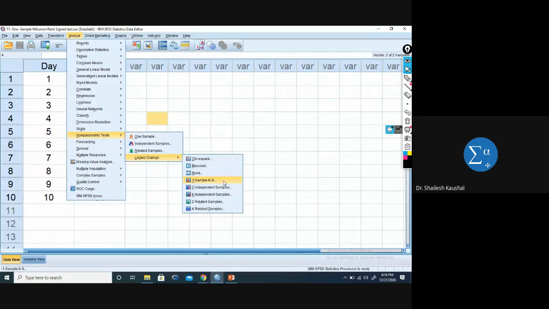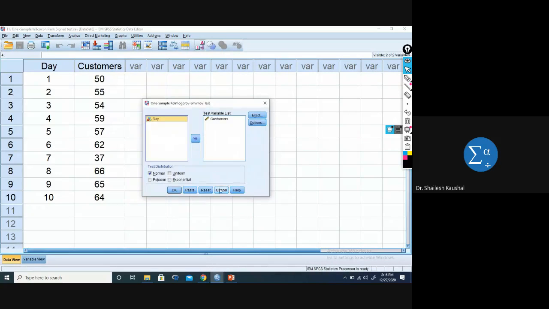Whether his claim is right or not, so we want to say. Is it clear, sir? So analyze, non-parametric, legacy dialogues and one sample case test. Now I am transferring customers into test variables.